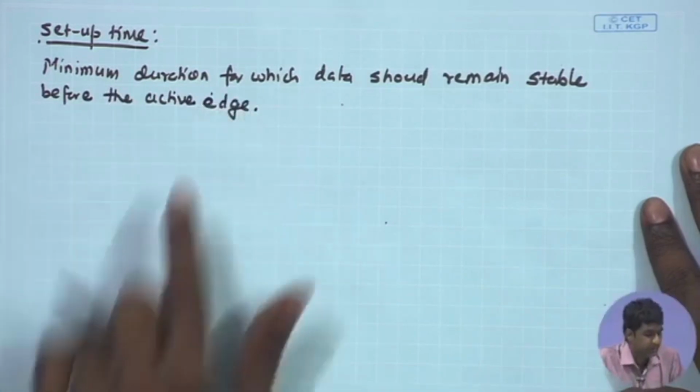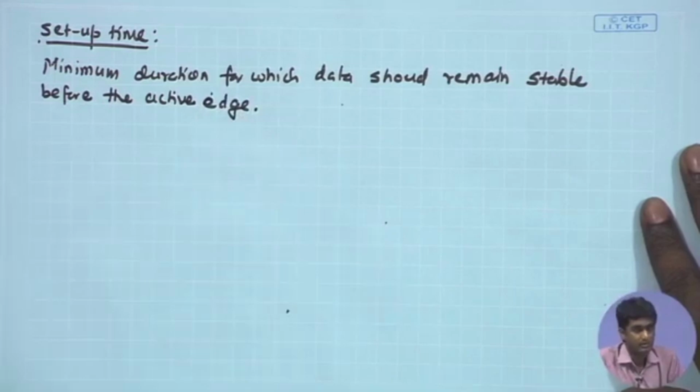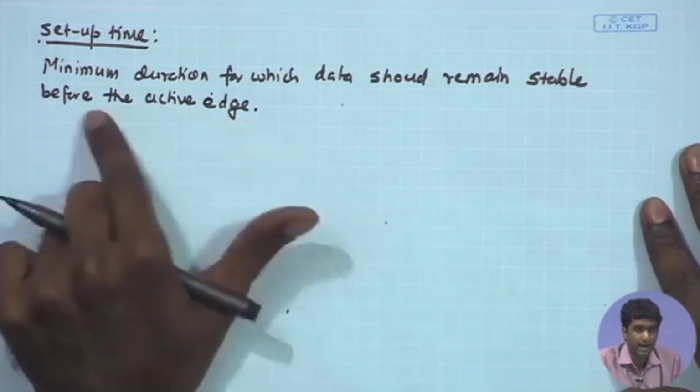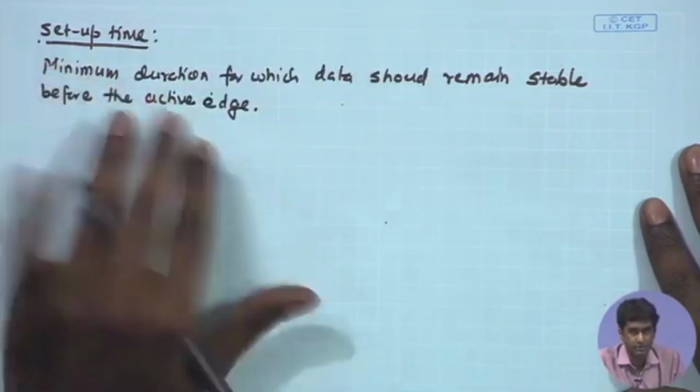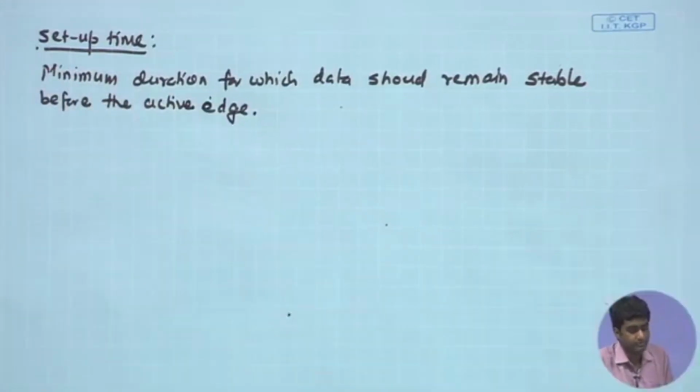Active edge means the sampling edge. In case of a positive edge triggered flip flop, the active edge is basically the rising edge, and in terms of the negative edge triggered flip flop, the active edge is the falling edge.